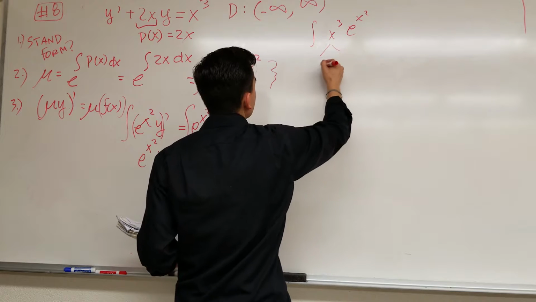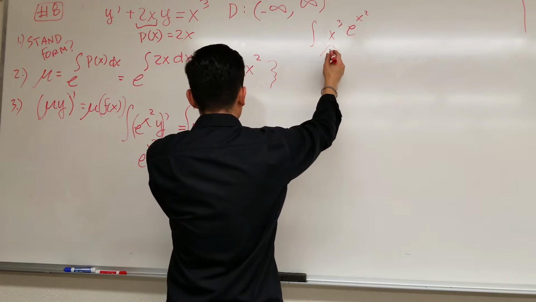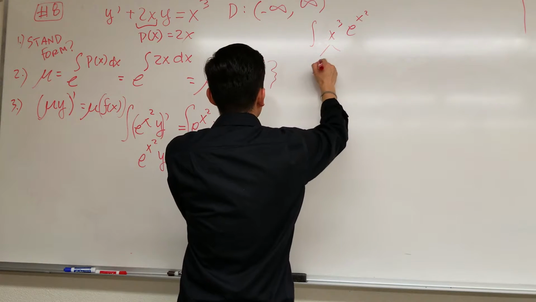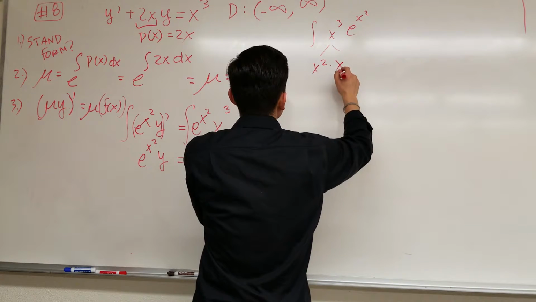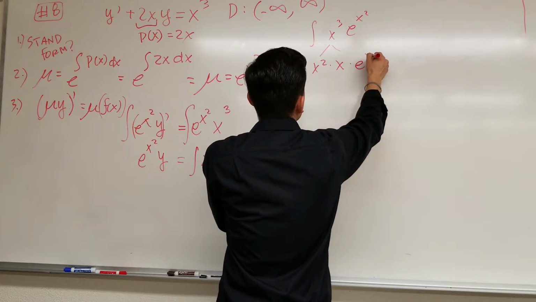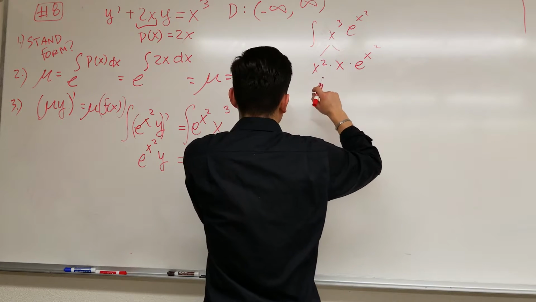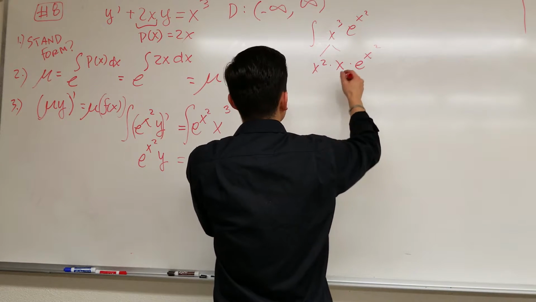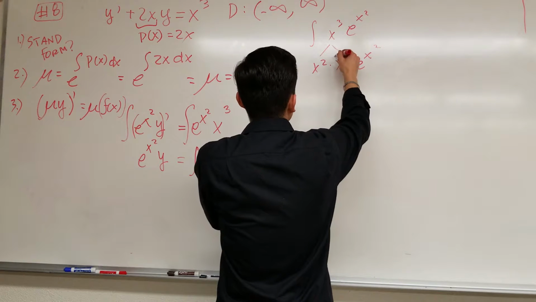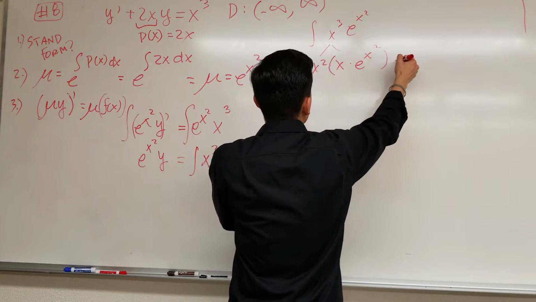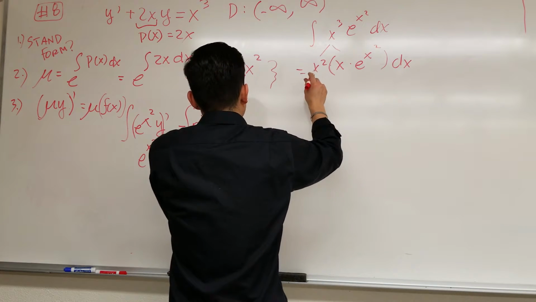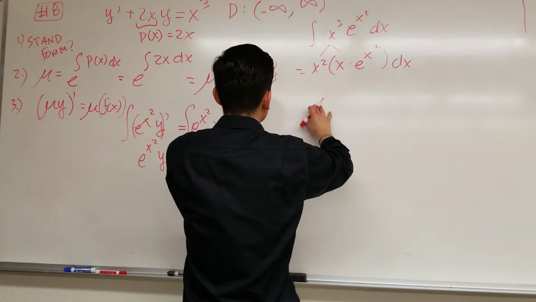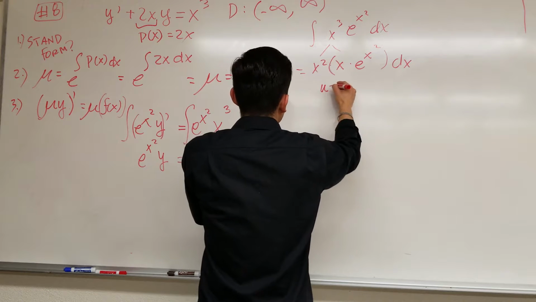So what I could do is pull that apart and make it x squared times x, and I could group these together because why not? Then what I'm going to do is integrate by parts.